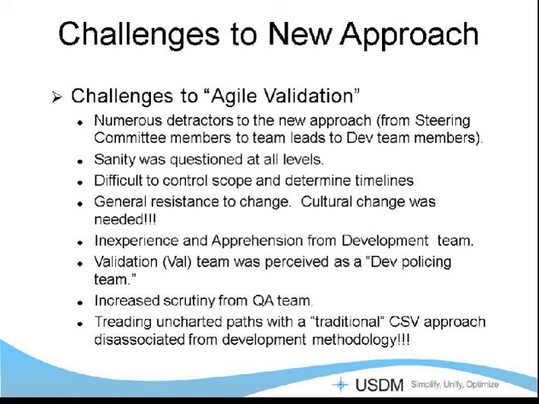So pulling the team together was another big challenge, and then the increased scrutiny, because the QA team was not necessarily on board with our approach, and so they were looking at things very closely, consistently. So it was a huge challenge.